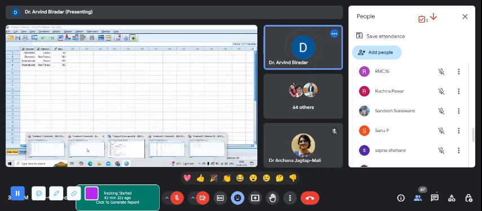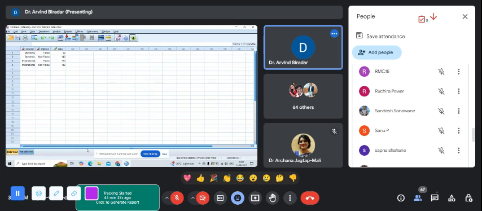Now, most scholars are using the chi-square test. I hope you heard the name chi-square.